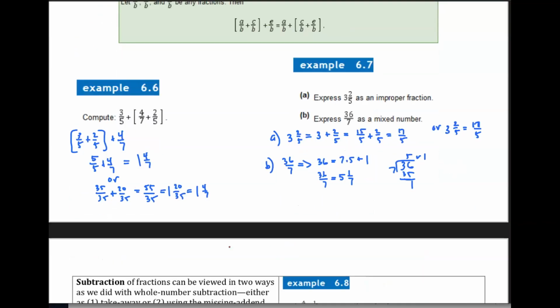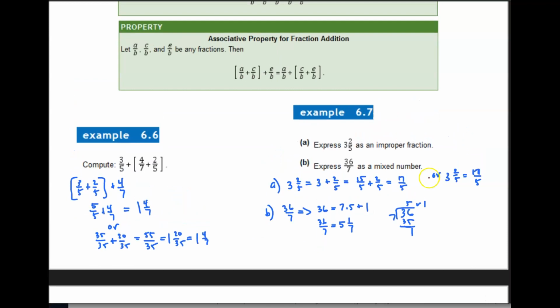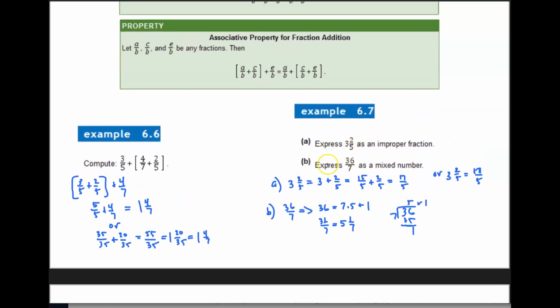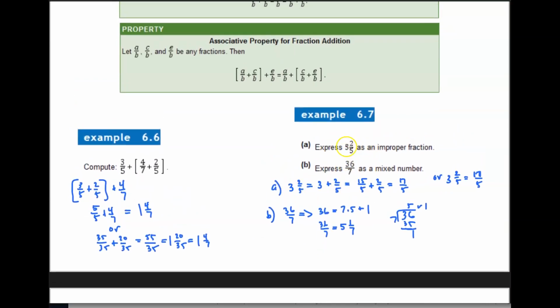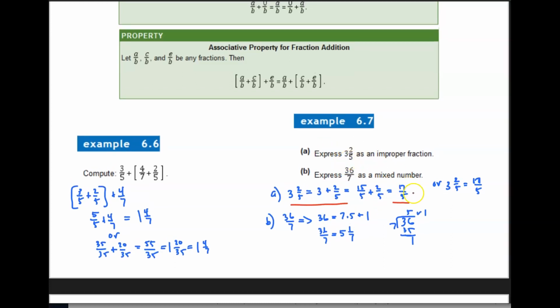Now looking at this last piece here, I don't want you to breeze through this. This improper fraction, 3 2/5, is the same as 3 plus 2/5. That's why it's important. So that's how you convert a mixed number to an improper fraction. Really what you're doing is converting the whole number into a fraction, right? You're breaking it up.